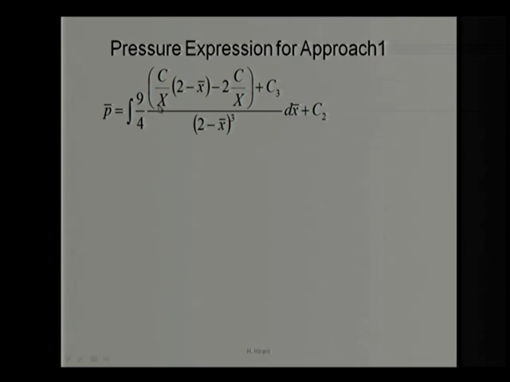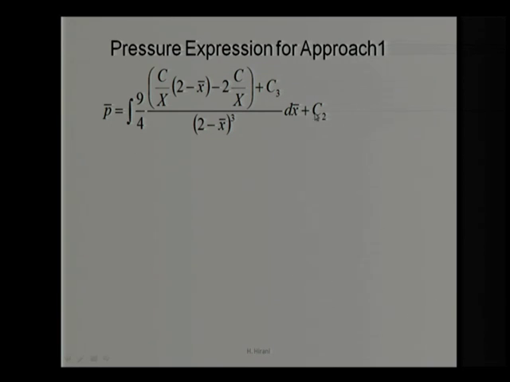What we did: c by x bar is already one term, we added a term 2 over here and subtracted the same term. We are adding one term and subtracting the same term, so that overall is 0, but it will make the integration much more meaningful for us. So, after arranging, the integration constant is C3, plus another constant C2.